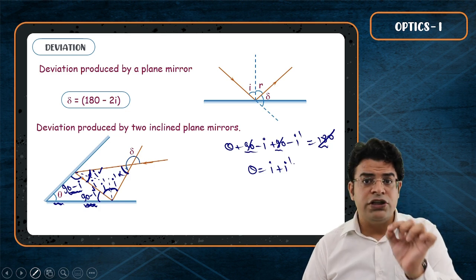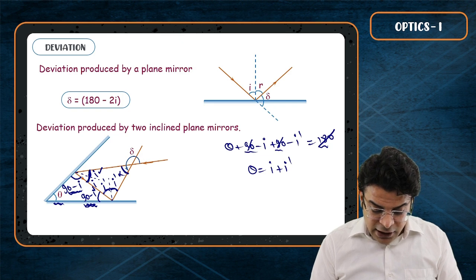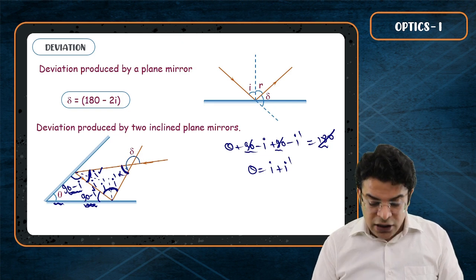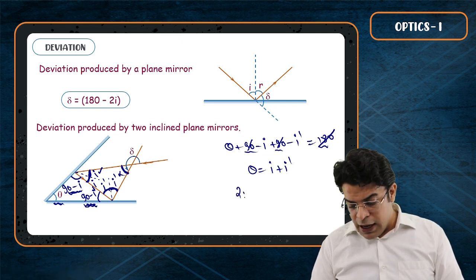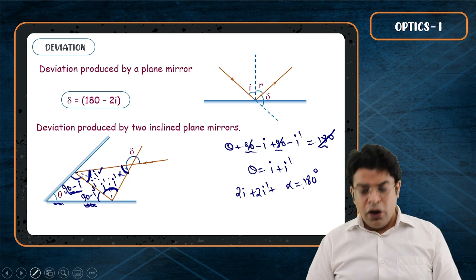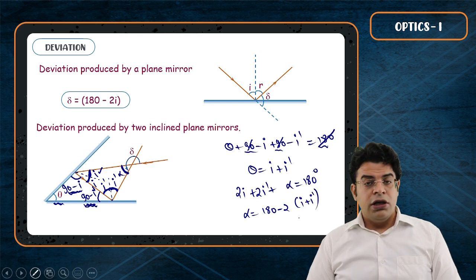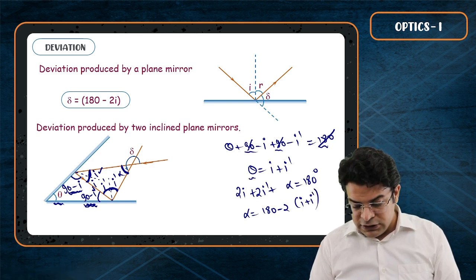The second equation you can write by looking at this triangle having internal angles 2I, 2I dash and alpha. You can write 2I plus 2I dash plus alpha equals 180 degrees. Or you can say that alpha equals 180 minus 2 times (I plus I dash). In place of I plus I dash, you can substitute theta.